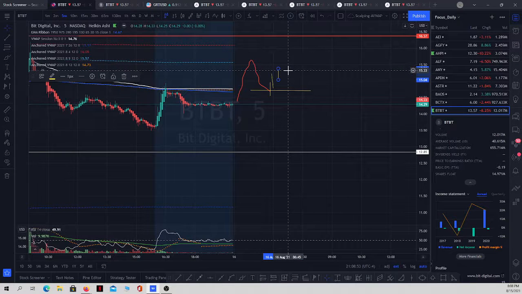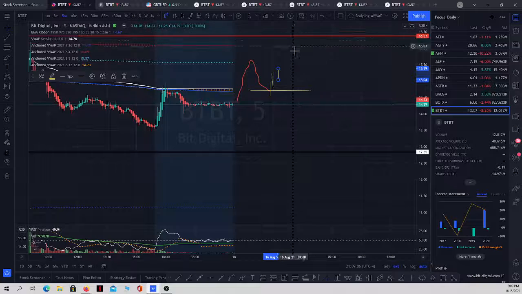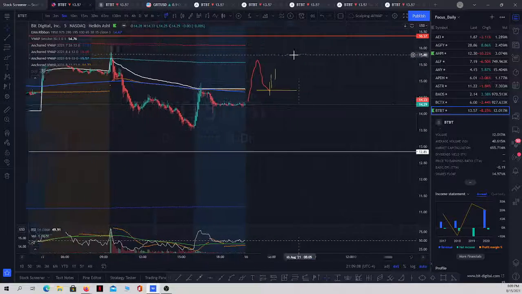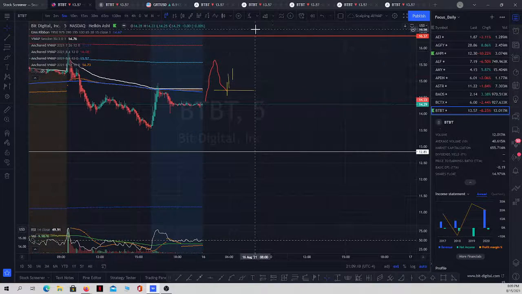And normally I scalp those in a way that I take my profit and get out directly. So in that case, I'm targeting 15 to 20% max, and then I pull out.